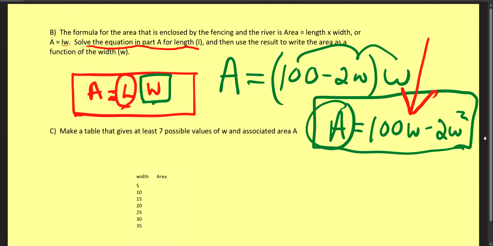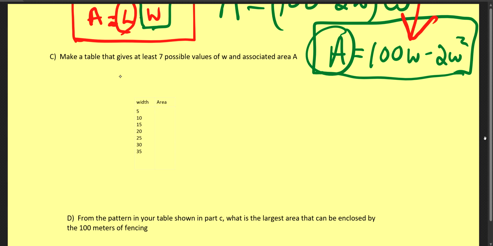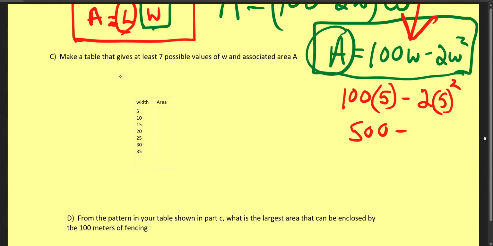I could use a calculator, of course. I want to first plug in 5. If W is 5, that would be 100 times 5 minus 2 times 5 squared. Now do that for each of these numbers using your calculator. So 500 minus 25 times 2, which is 50, so it would be 450 as my first value.